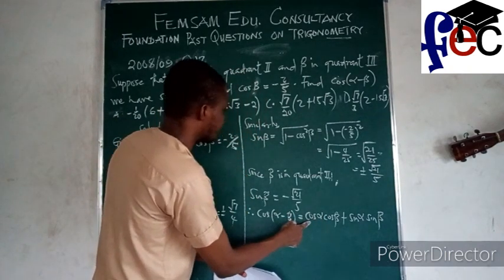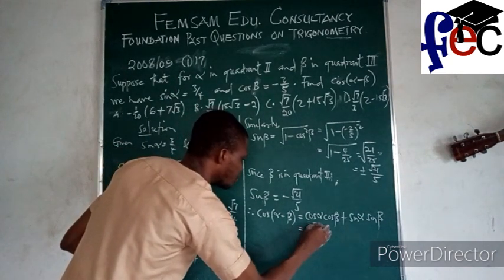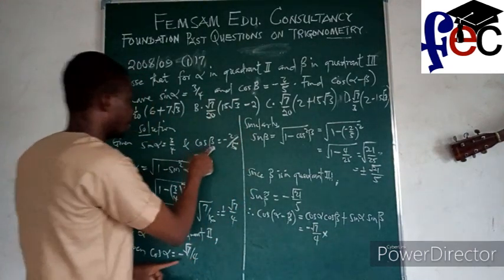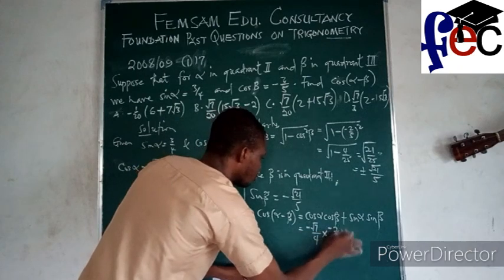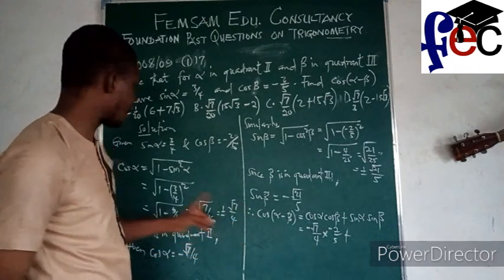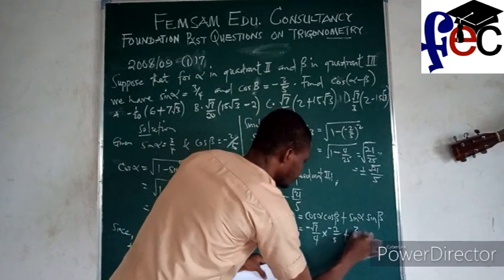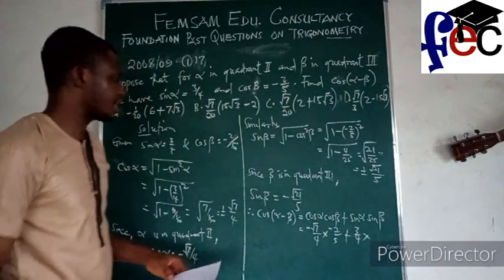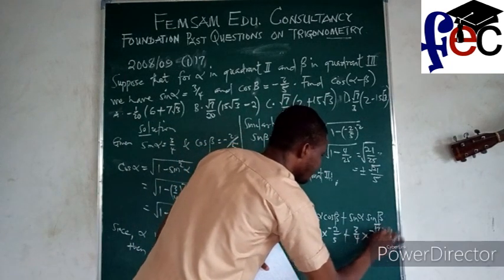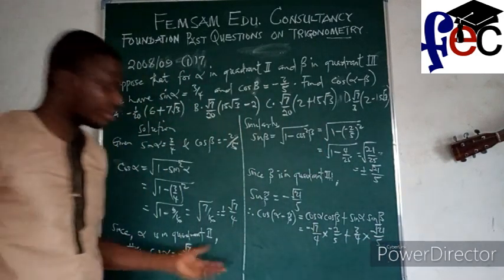Cos alpha is what we have gotten here, minus square root of 7 over 4, times cos beta, which is minus 2 over 5, plus sine alpha, which is 3 over 4, times sine beta, which is minus square root of 21 over 5. So I'm going to do it straight away.